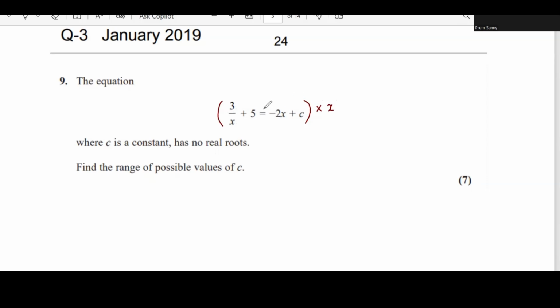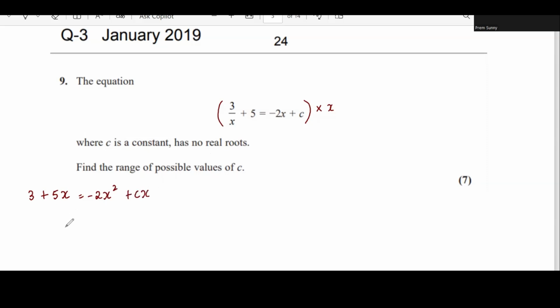3/x multiplied by x will give you 3, plus 5 multiplied by x is 5x, is equal to -2x multiplied by x is -2x², and then c multiplied by x will give you cx.